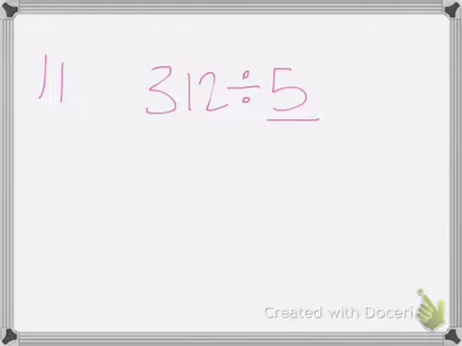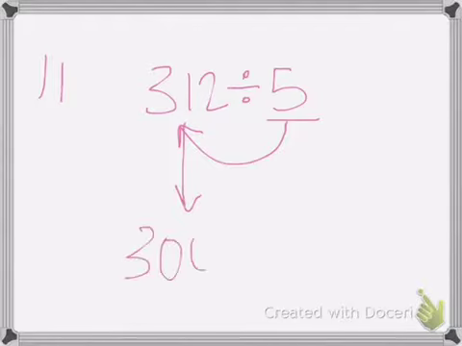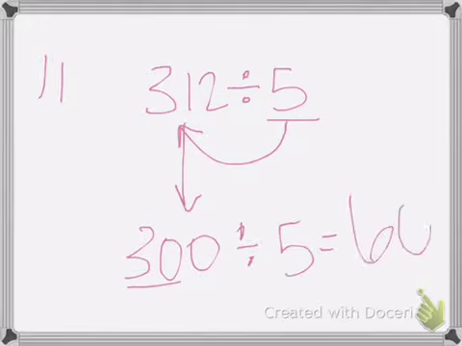So first let's do 11, which is 312 divided by 5. We know 5 cannot go evenly into 312. And so we need to ask ourselves, what compatible number can we make 312 to make 5 go in easily? Well, we know 5 goes easily into 30, so let's just make it 300. 300 divided by 5, what'd you get? 60.